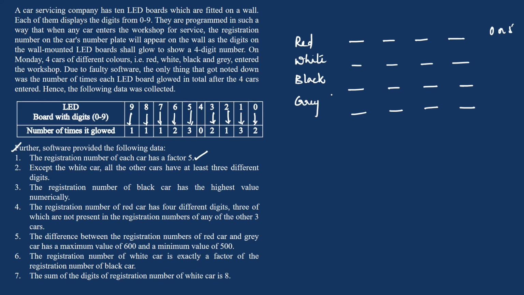For example, if this is 1 2 3 4, okay, you do not have 4, so 1 2 3 5, 2 3 1 0. If this is 5 6 7 8, then this should be a number in the 6,000s or something. So the value of this number should be greater than the remaining 3 registration numbers.